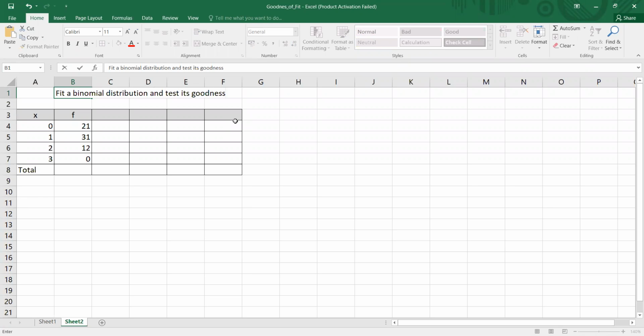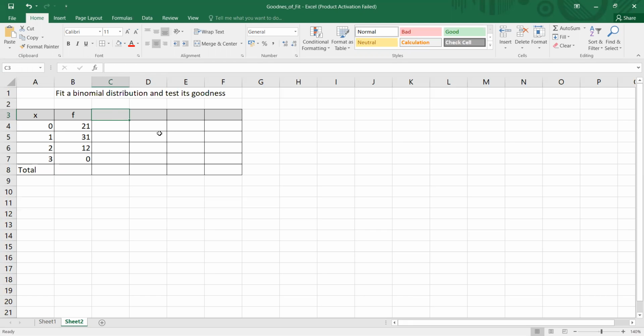Binomial distribution is fitted. According to the formula, binomial distribution has 2 parameters, n and p. So n is given, n is 3, and p is to be estimated. P can be estimated with the help of the observed mean, by equating the observed mean with the proposed mean.